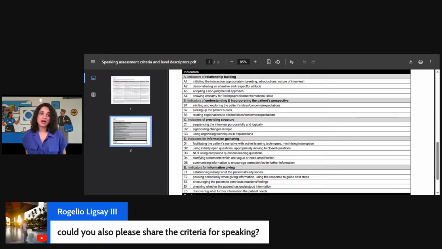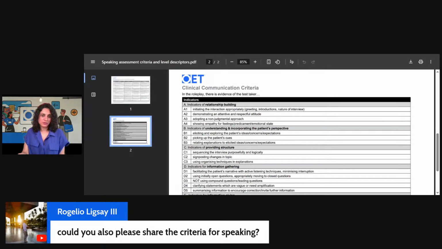So, for example, how good are you at actively listening to the patient so that the patient willingly gives you more information about their problem and shares information with you? How good you are at empathizing with the patient, so that, again, they open up and share information with you. How well you can give information to your patient and explain something that they need to understand. So these are all the kinds of skills that you would need to demonstrate to the assessors when we're thinking about the clinical communication criteria.